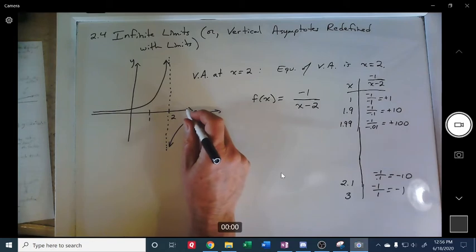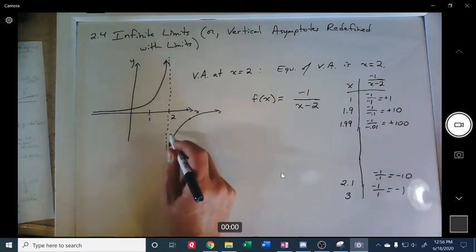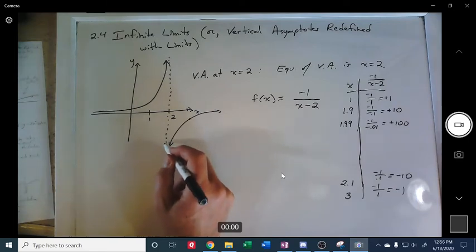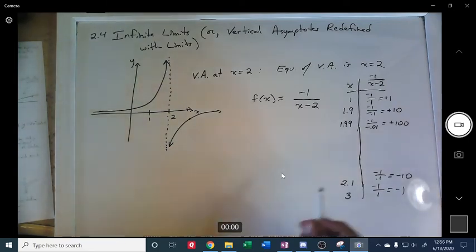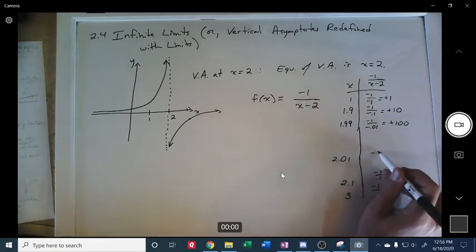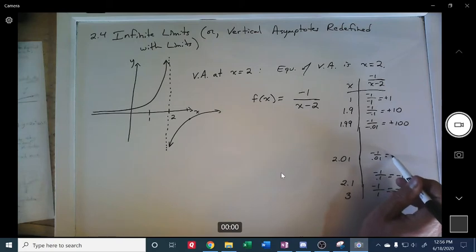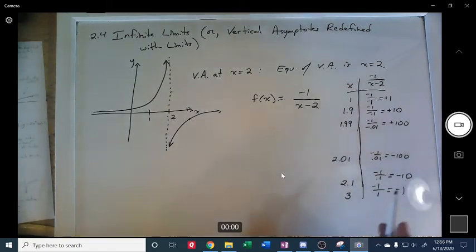So at 3, I'm at negative 1. At 2.1, I'm at negative 10. This is acting like it should over here. And 2.01 is negative 1 over 0.01, which is negative 100.